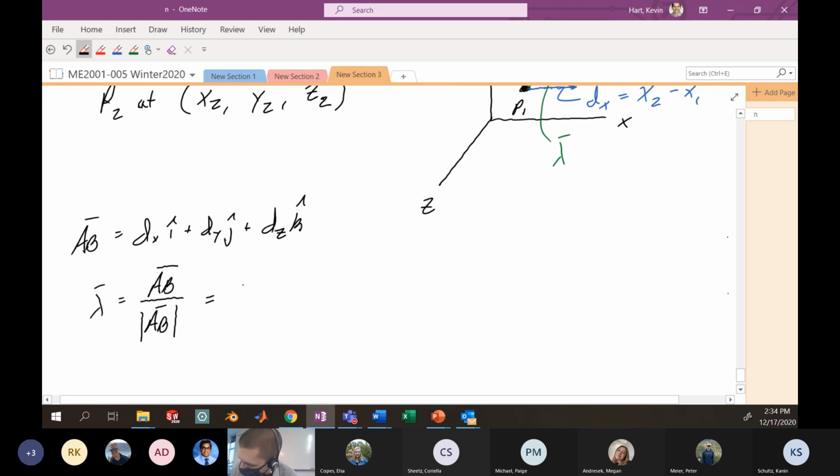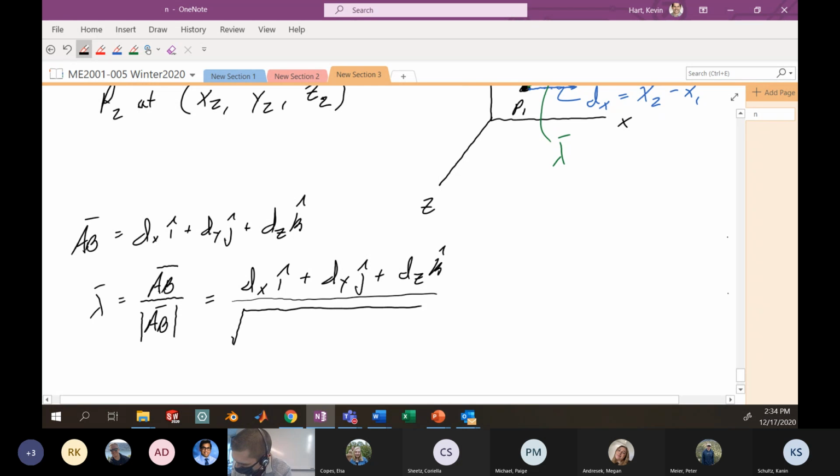So if I did that, I would be left with my unit vector between P1 and P2 as the distance xi plus distance yj plus distance zk, normalized by the total distance between those 2 points, which is the square root of the sum of the squares of the components.